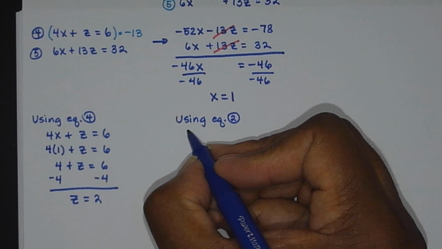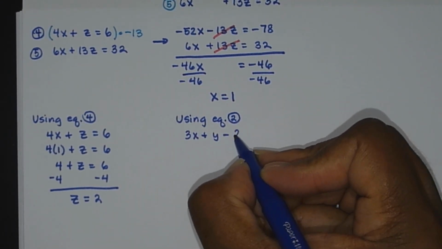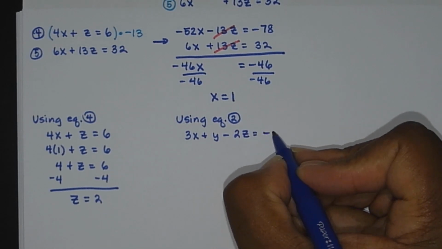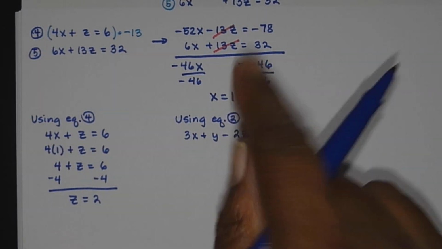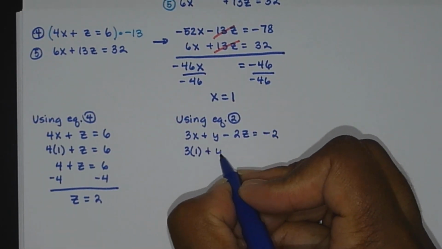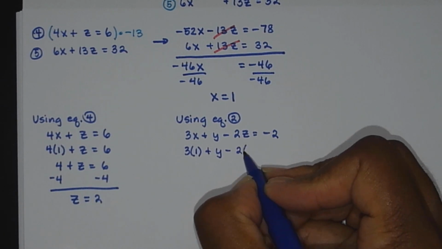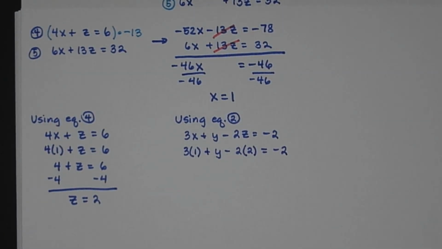So in this case, equation 2 was 3x plus y minus 2z is equal to negative 2. So we substitute the x with the 1, so it'll be 3 times 1 plus y, which is what we're trying to find, minus 2 times z, which is 2, equals negative 2.